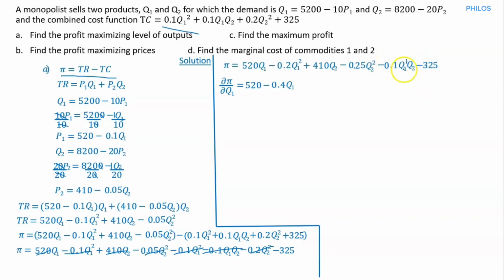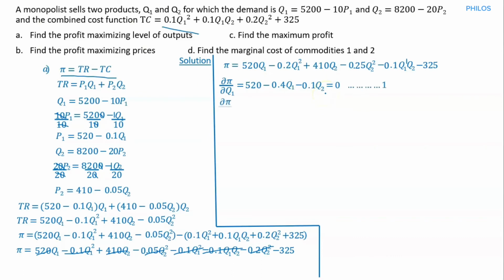So when you differentiate this with respect to Q1, it should give you minus 0.1 Q2. Because Q1 exponent 0 is 1. And when you differentiate this, it gives you 0. So partial profit, partial Q1 is 520 minus 0.4 Q1 minus 0.1 Q2. We set it equal to 0. So that is equation 1.